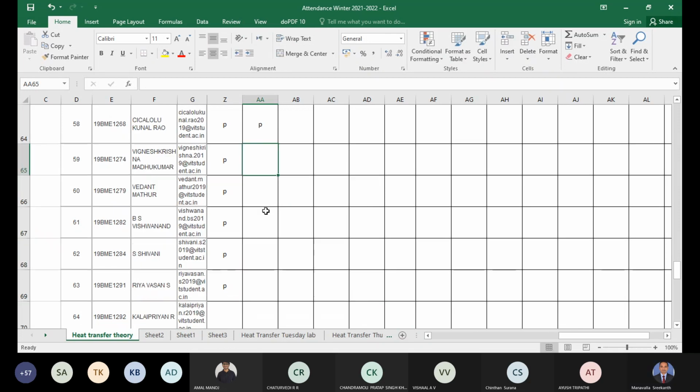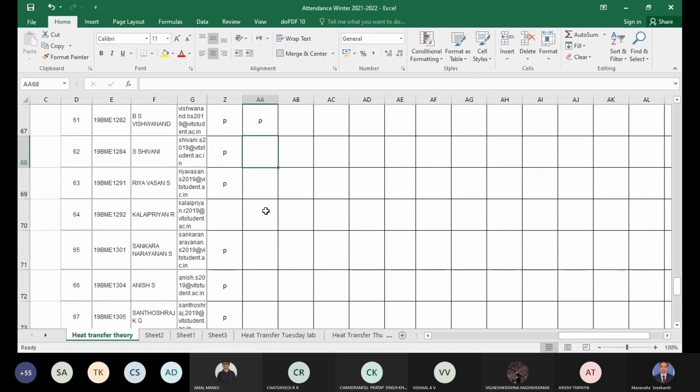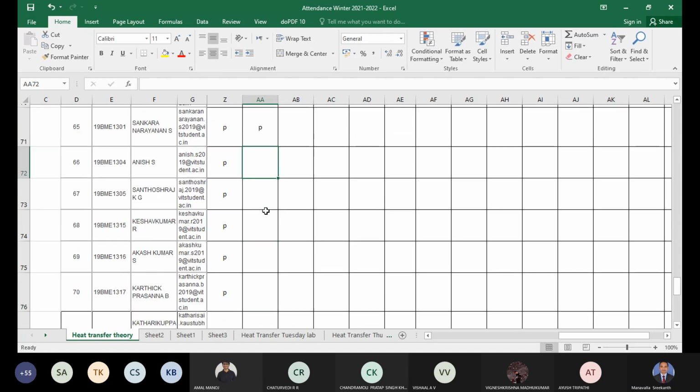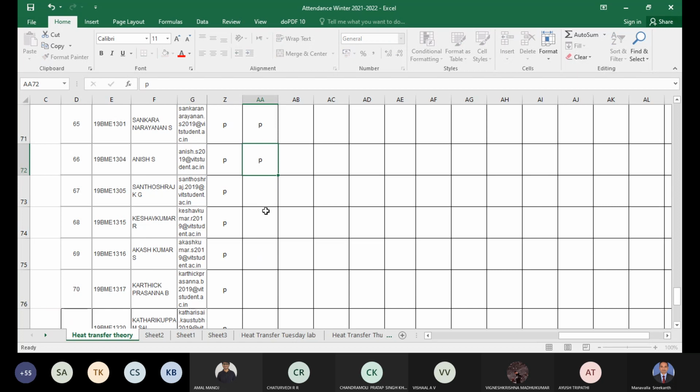Dinesh Krishna, yes, sir. Vedant Madhur, present, sir. Anand, present, sir. Shankar Narayanan, present, sir. Manish, present, sir.